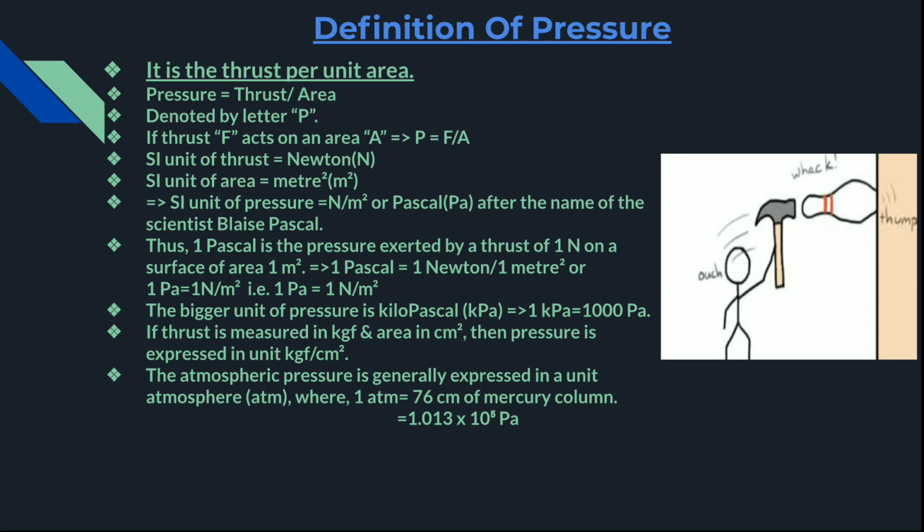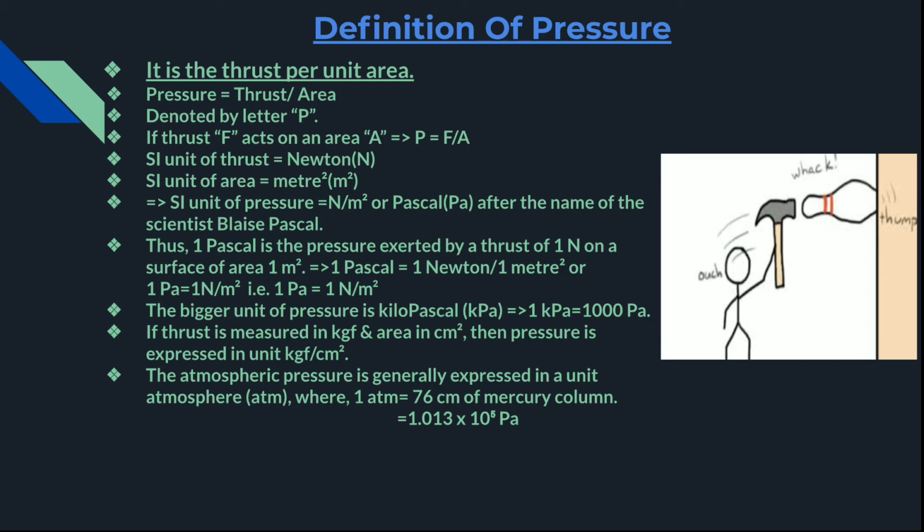Thus 1 Pascal is the pressure exerted by a thrust of 1 Newton on a surface area of 1 meter square. So 1 Pa is equal to 1 N by m square.